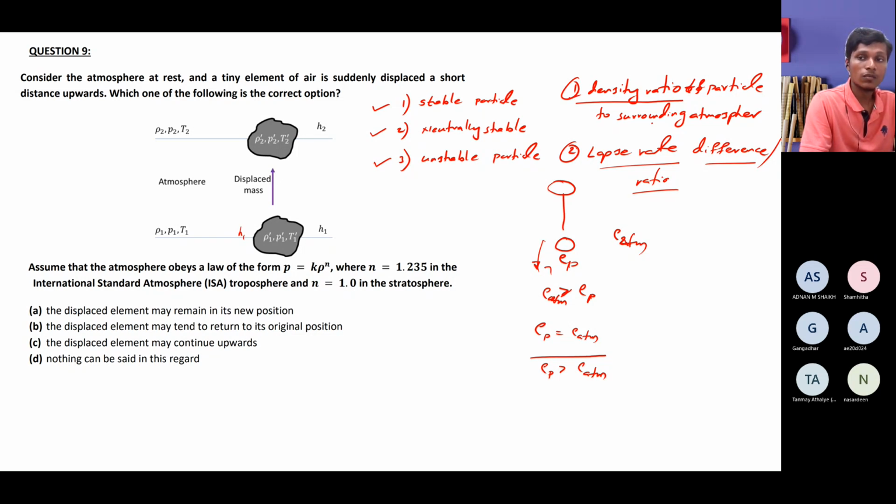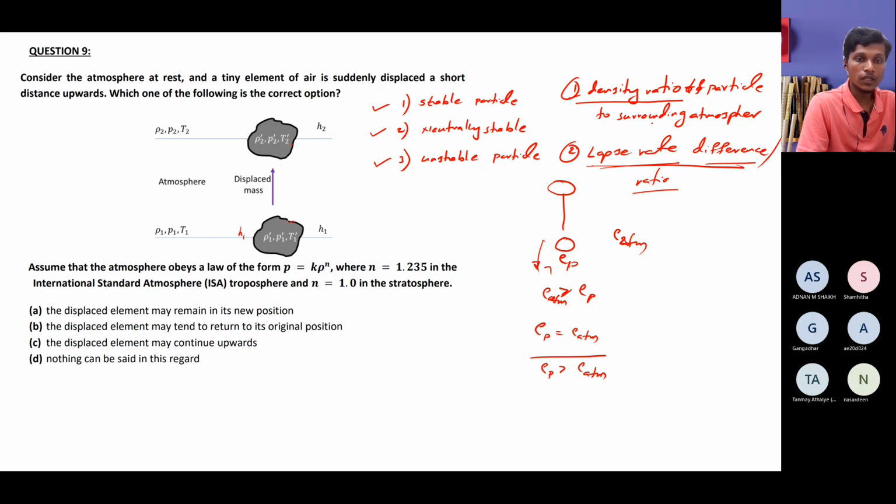And the second thing is by looking at the lapse rate. Suppose in the atmosphere the particle is moving from h1 to h2. There can be some choices: it can release heat, or it can take heat from the atmosphere, or it can neither release nor take heat.